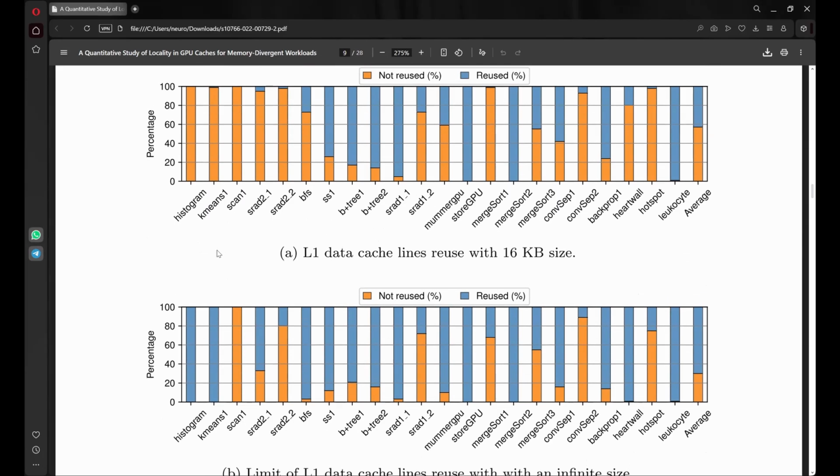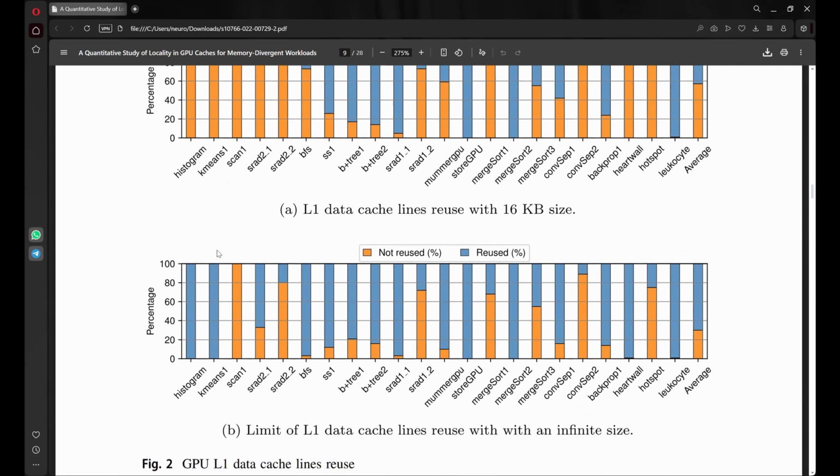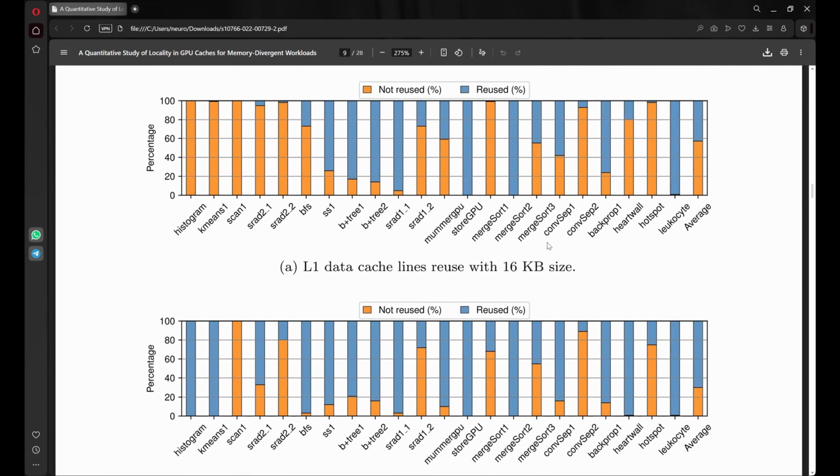And if we look at the cache line reuse in the GPU simulated with a limited 16 kilobyte L1 cache size, we see that the same kernels that are showing up as 100% reused here are near 100% not reused. So what the paper is trying to find is the ceiling for the amount of cache line reuse we can see across all of these applications.